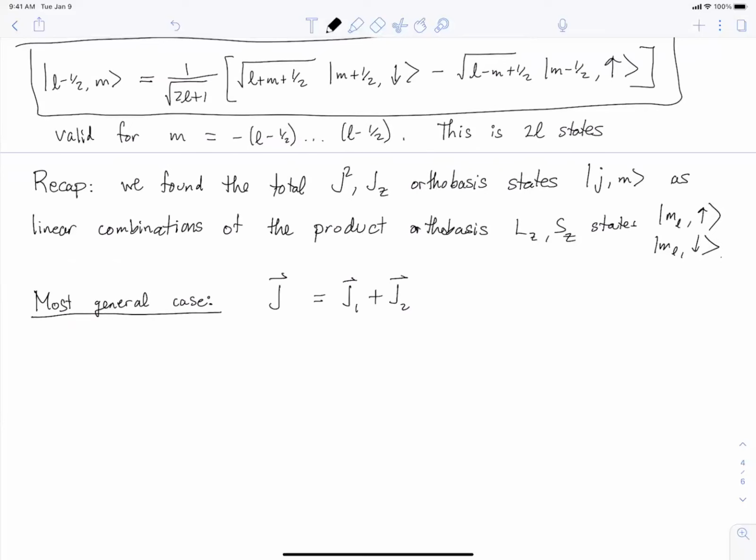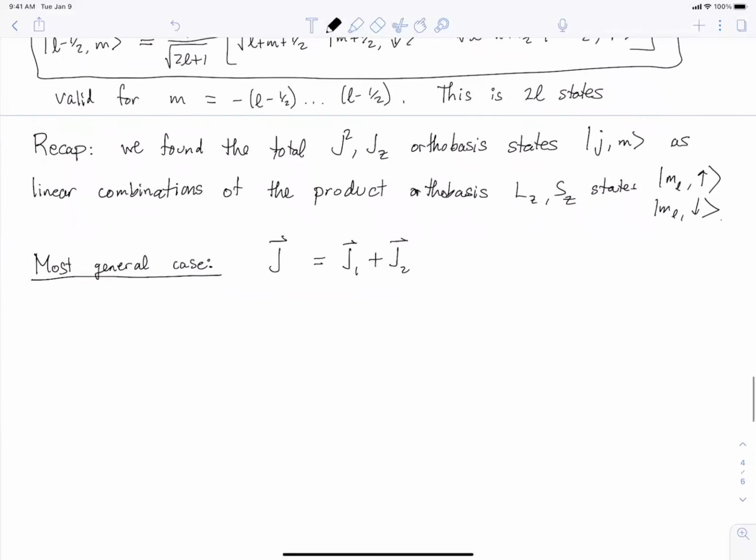You can take two angular momenta, add them together to get a third, take that third angular momentum, add that to another one to get another one, and keep going until you've got the grand total of all total angular momenta. Okay, but the idea is |J1, J2, J, M> are the total angular momentum basis.